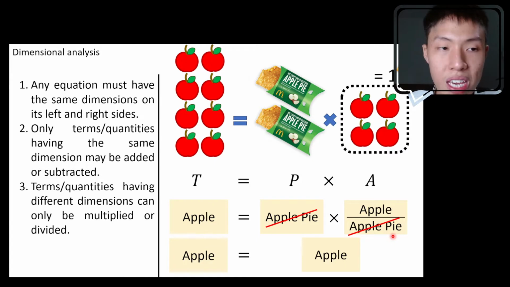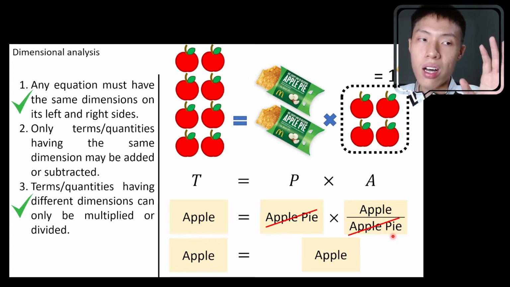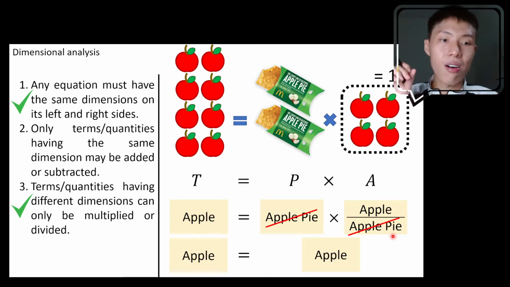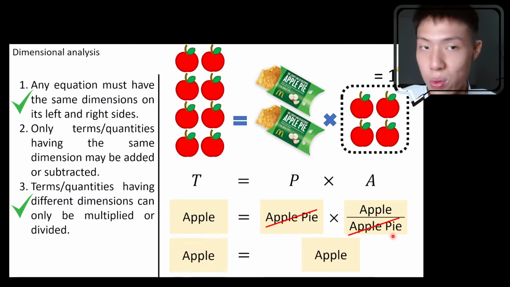In this case, you are able to follow the third criteria, but at the same time being able to follow the first criteria. The second criteria is not really relevant here because we are not adding anything. So we didn't break any of the criteria over here. So in this case, T equals P times A is a valid or meaningful equation.